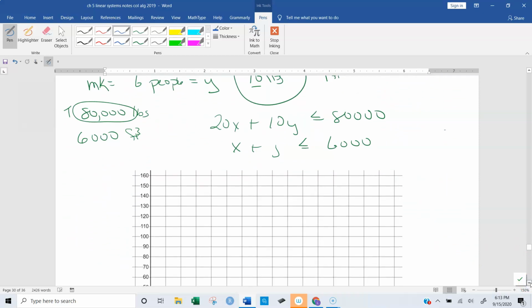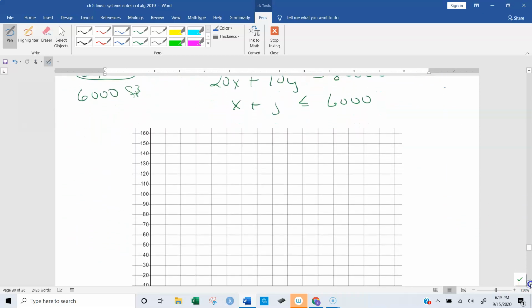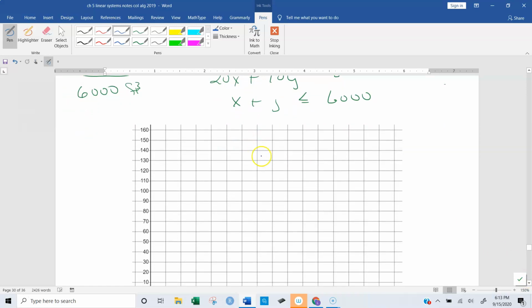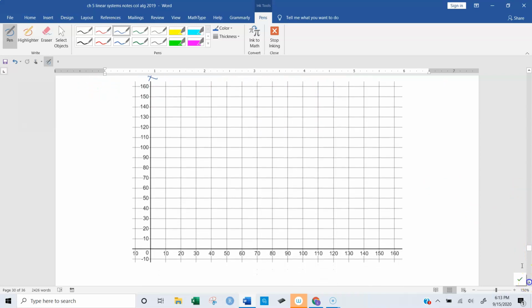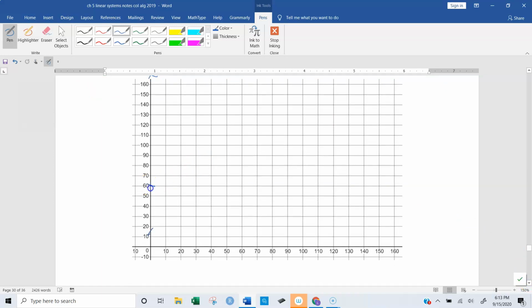So when we do this, if we do the xy again, I'm going to multiply by 100 here. So x plus y at 6,000 is pretty easy because that means they're both at 6,000. When x is 0, y is 6,000. When y is 0, x is 6,000. So we're going to draw that line in.